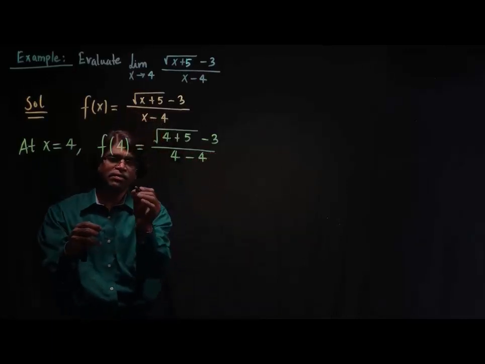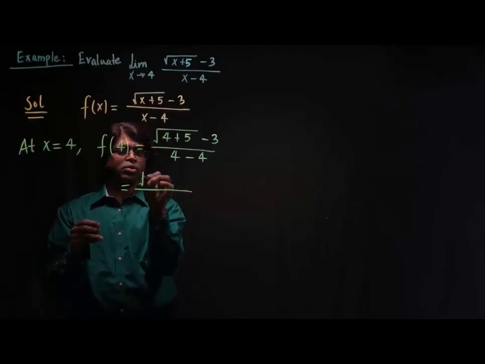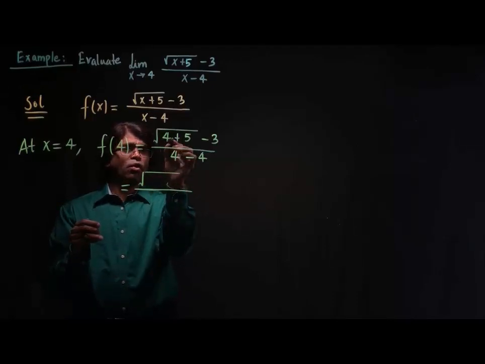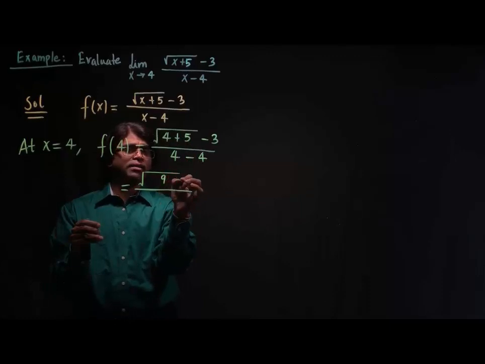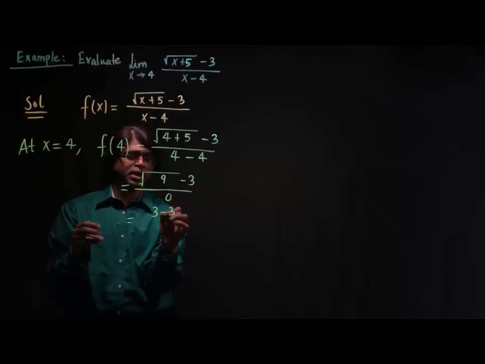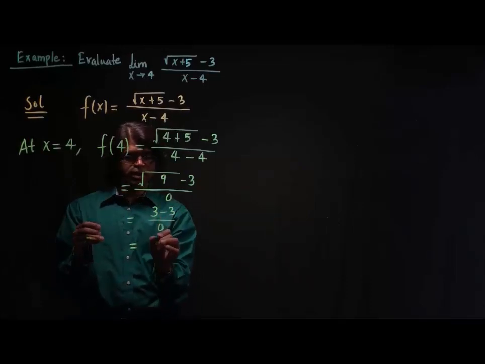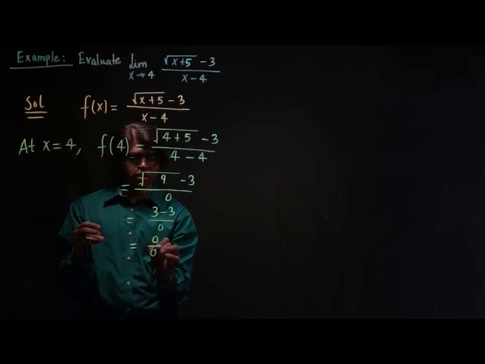Now let's simplify further. The square root of 4 plus 5 is 9, minus 3, over 4 minus 4, which is 0. The square root of 9 is 3, so I have 3 minus 3 over 0. We all know that 3 minus 3 is 0, so I have 0 over 0.